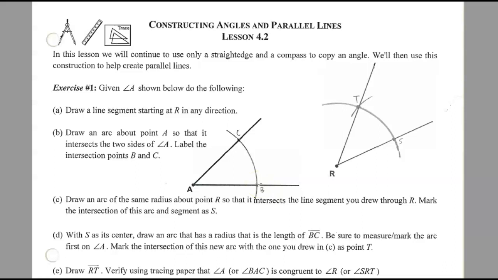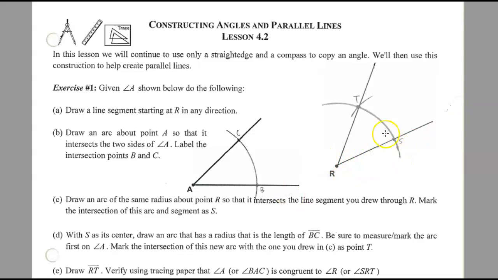Alright, so now once I have that reference arc, I don't want to change the compass size. I need to come over to my new angle and reproduce that reference arc. So I set my middle point on R, and without changing the distance, I make my arc through the original ray of the second angle. Now this RT wasn't here to start with, it's just RS.